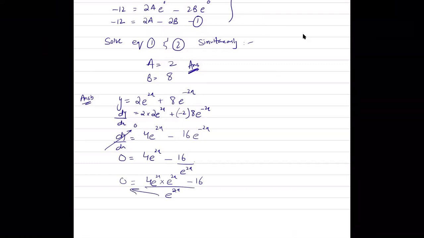Now, this is going to be 0. When the denominator e to the power of 2x is multiplied with 0, it is going to be 0. You're going to end up with 4e to the power of 4x minus 16 equals 0. Then e to the power of 4x is going to come out as 16 upon 4, that is 4.